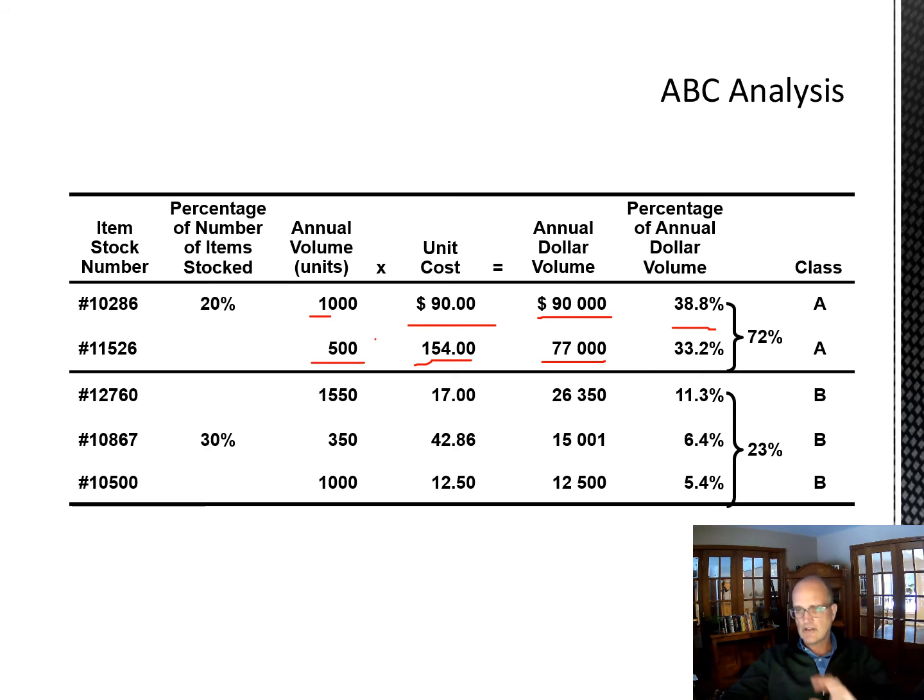So the breaks between A, B, and C are relatively arbitrary. Here you see kind of a natural break. We go from about a third down to 11%. So that break makes some sense. Here we have, again, big volume, low price, low volume, low price. All of these represent lower percentages of our total dollar volume. And then again, this is 72%.